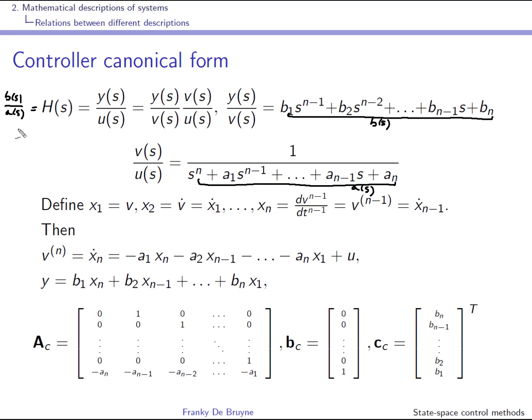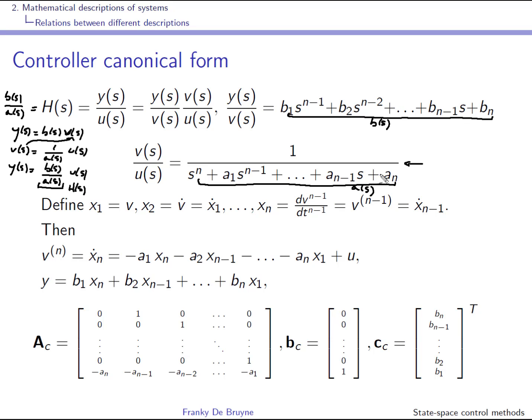Right? And what we have written is Y(s) is B(s) V(s), where V(s) is 1 over A(s) U(s). And if you plug this in here, you have Y(s) is equal to polynomial B over polynomial A times U(s), and this is H(s), right?